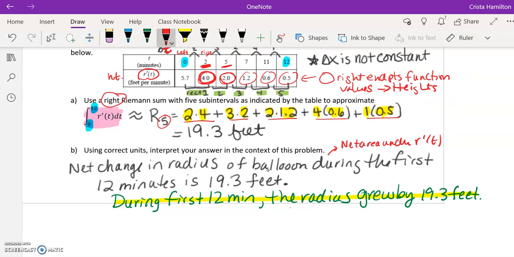Remember, we're talking about r of t, so it's the net change in r of t. That means it's the net change from what the radius was at the beginning, 0, to what the radius was at the end, 12. So in real-world terms, what we would say is that during the first 12 minutes, the radius grew by 19.3 feet.